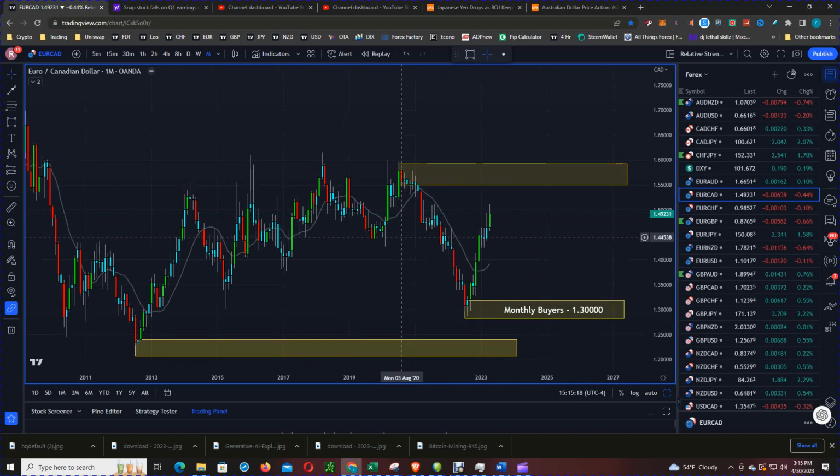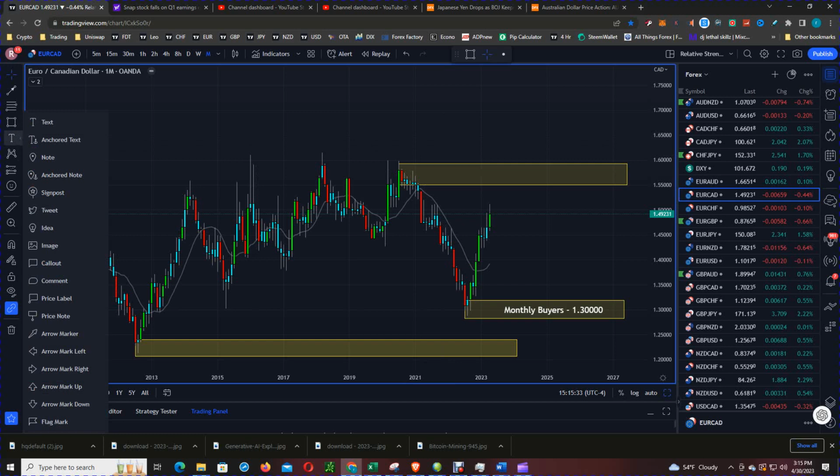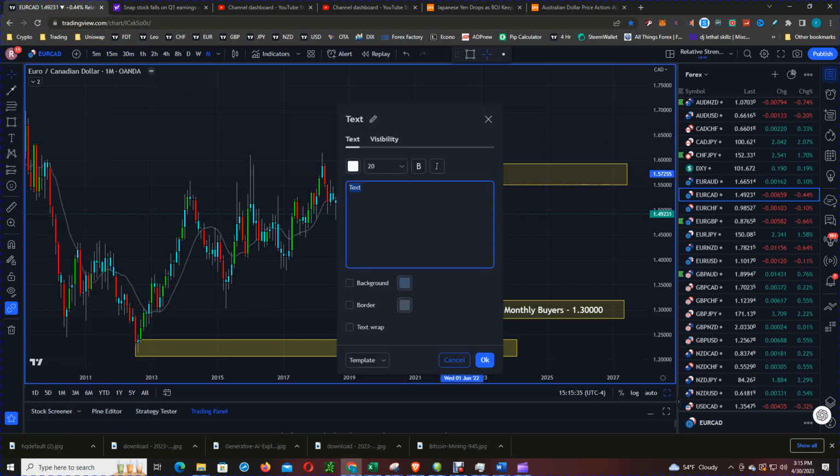All right, so where did price stop going up and where did it start going down? This level here, we'll call that the 1.57 level. 1.57000.